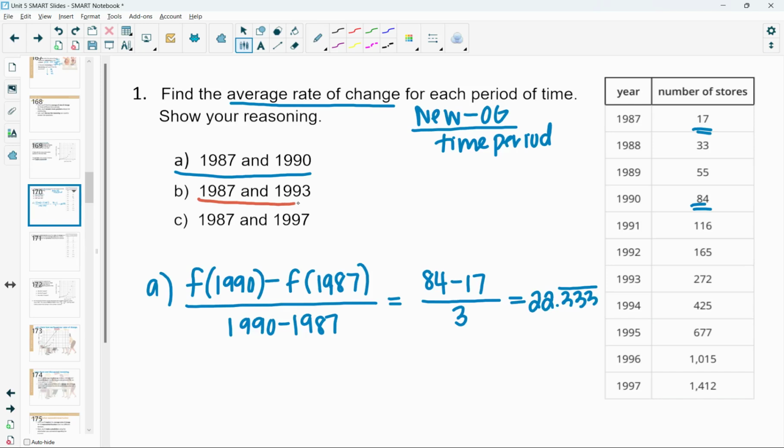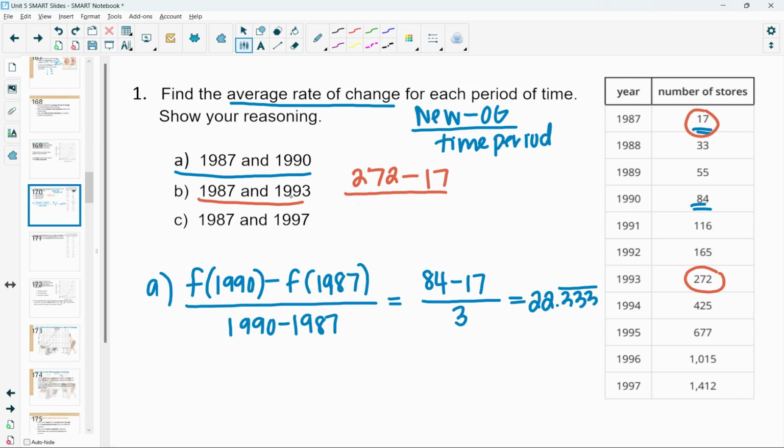Next one, we do the 1993 number of stores. The top is going to be your number of stores. So 1993 is 272, and then 1987 is 17. So 272 minus 17.